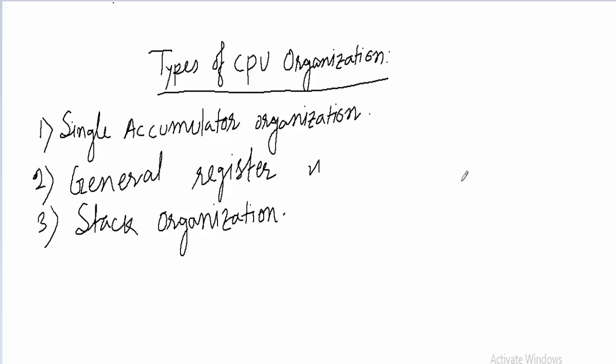Let's see about single accumulator organization. In single accumulator organization, there will be an arithmetic and logic unit. This arithmetic and logic unit will perform some operation like addition and then store the result.